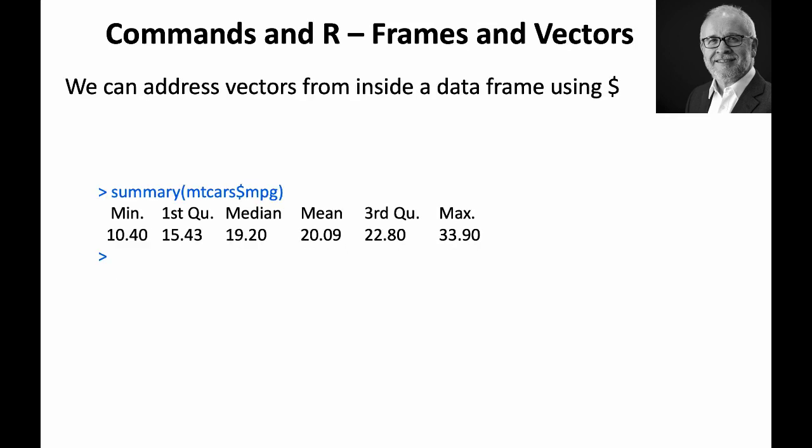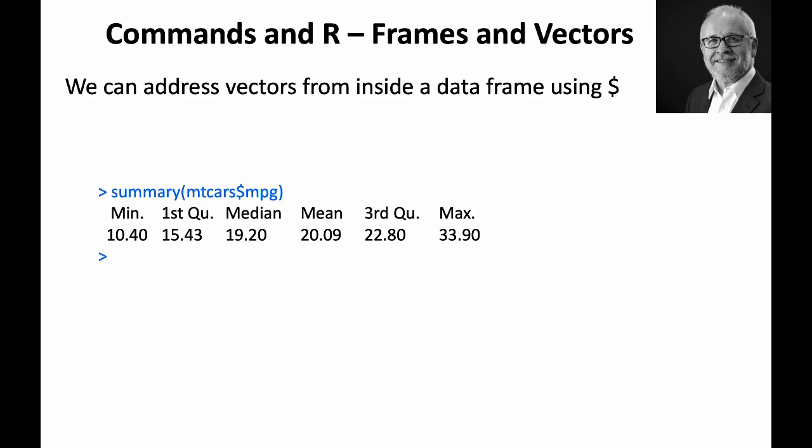So let's have a look at using a command, and we can take the vector back out of the data frame. By saying summary(mtcars$mpg), which is use the vector that's called mpg from the data set, I can see that the minimum value for the miles per gallon is 10.4 miles per gallon.